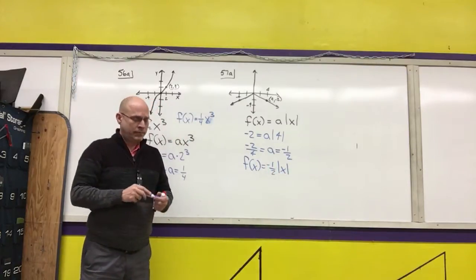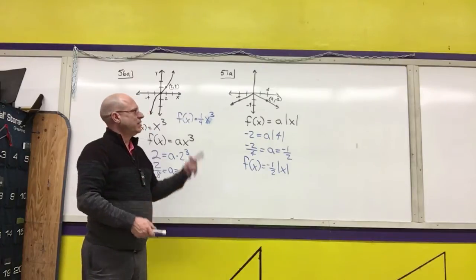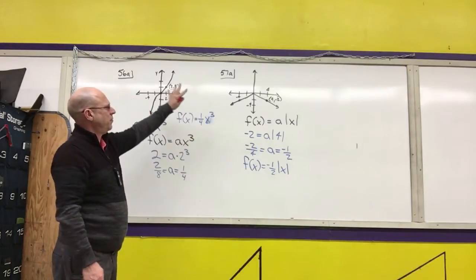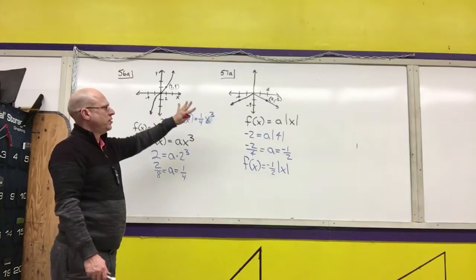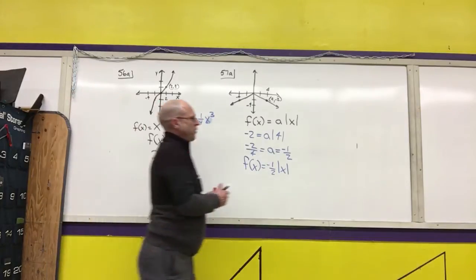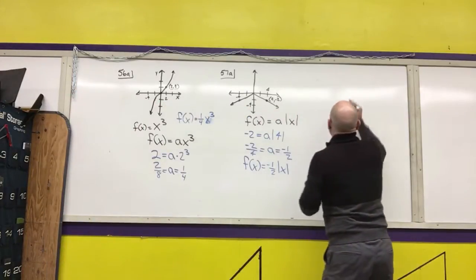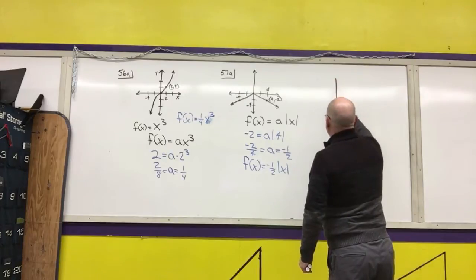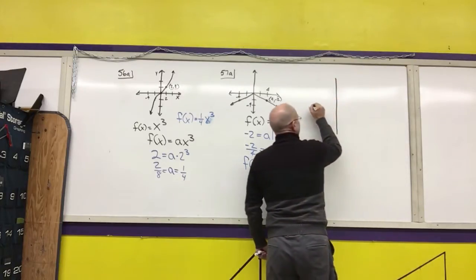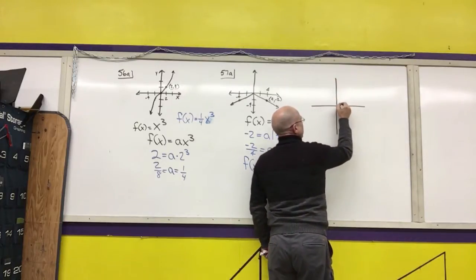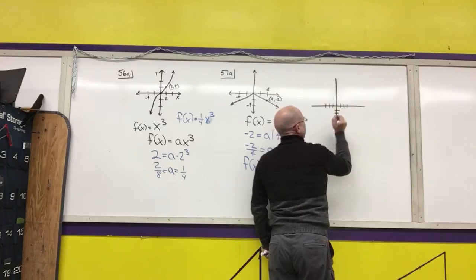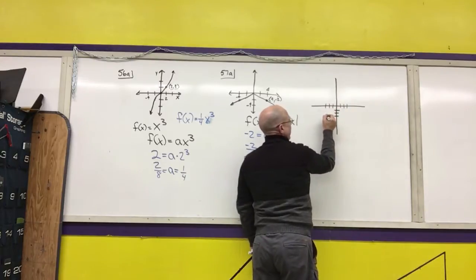I can extend the same type of rules to things that have horizontal and vertical shifts. So I am going to draw a parabola that has horizontal and vertical shifts. I'm going to shift it 3 to the left and 3 down.